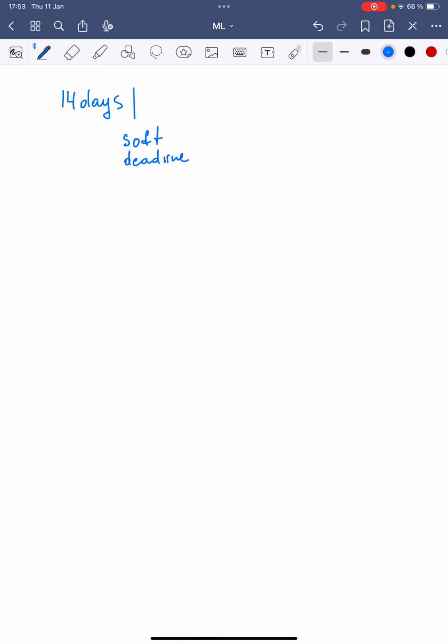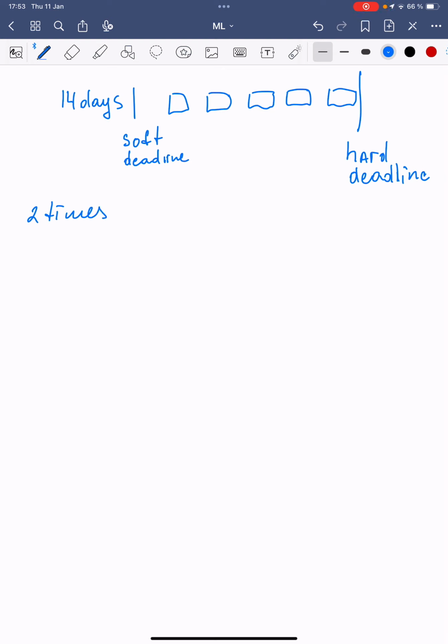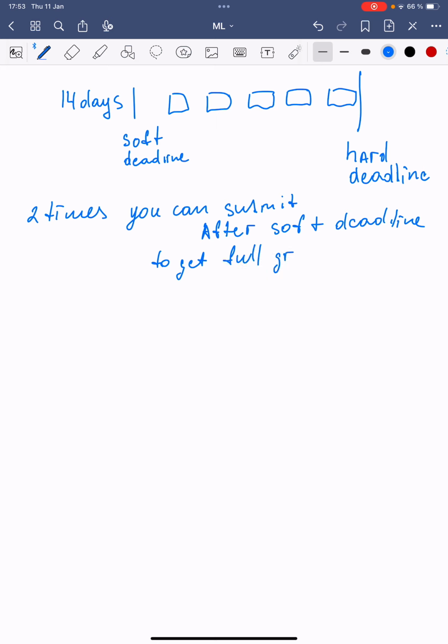All right, and there will be 5 extra days, 2, 3, 4, 5, and here is the hard deadline. Two times during the course you are allowed to submit after the soft deadline to get full grade.